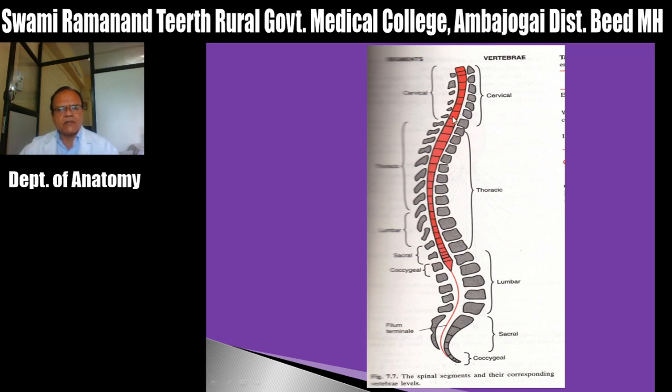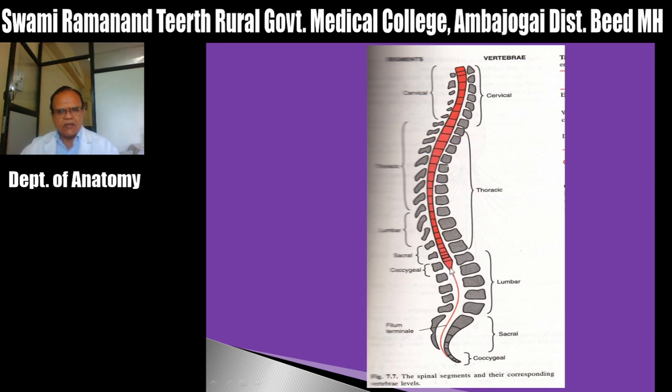Now, what is the length of the spinal cord, and what is the weight of the spinal cord? In males, the length of the spinal cord is about 45 centimeters, and in females, it is 42 centimeters. The weight of the spinal cord is about 30 grams. Now see the length of the vertebral column as such. Altogether up to the coccyx, it is 65 centimeters.